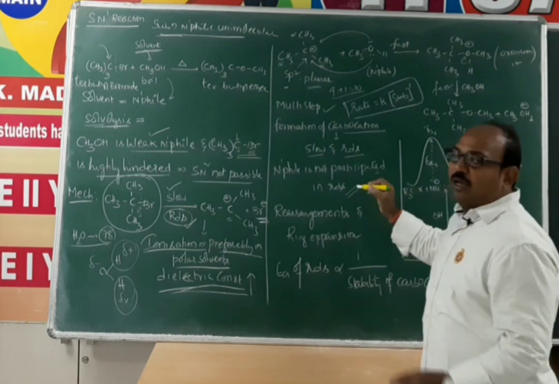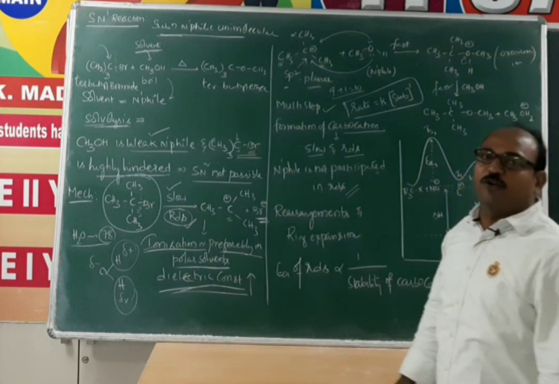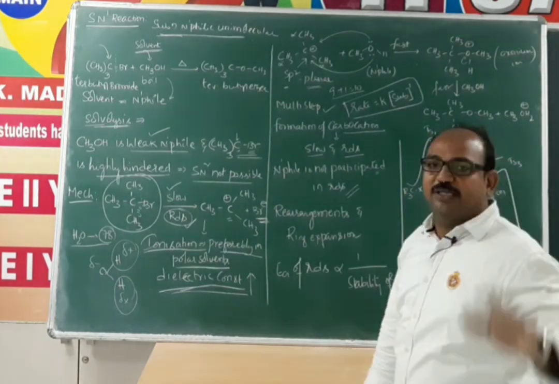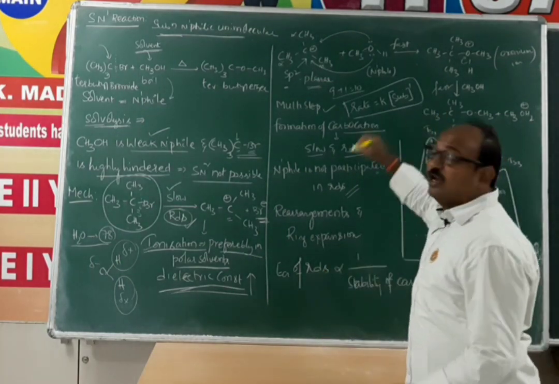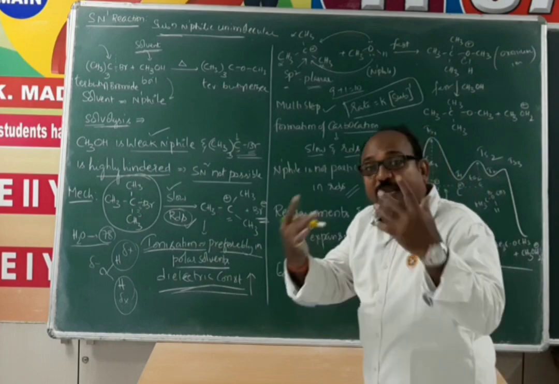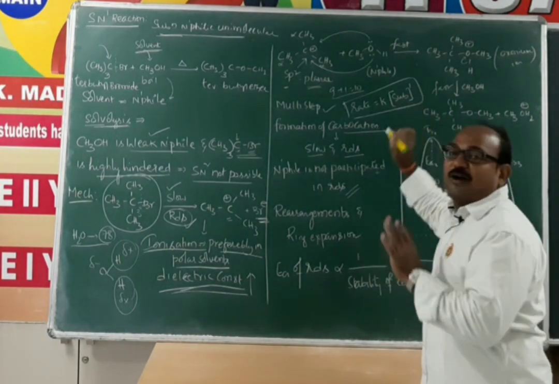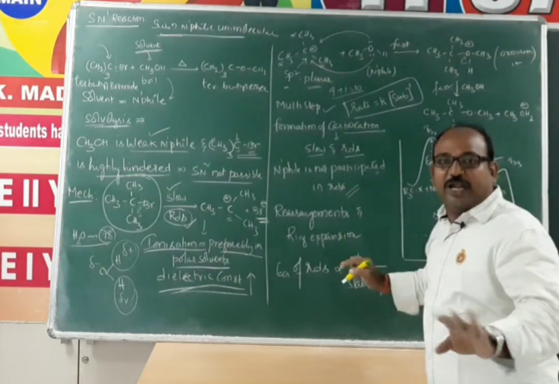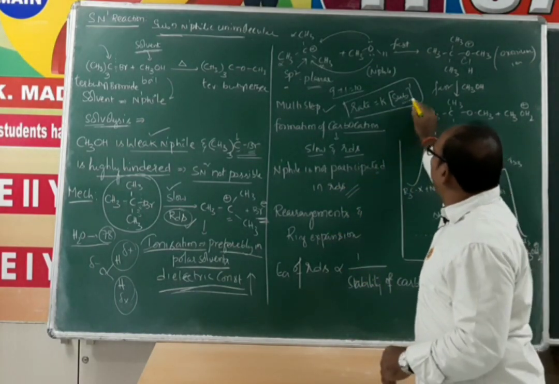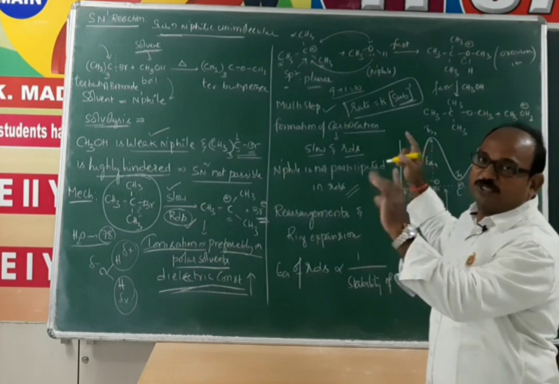That's why if we increase the concentration of nucleophile, the rate is not going to change. Instead of 1 molar nucleophile, if you use 10 molar, there is no difference. Whatever the concentration of the nucleophile, that is not the criterion. Here rate purely depends upon the concentration of substrate.